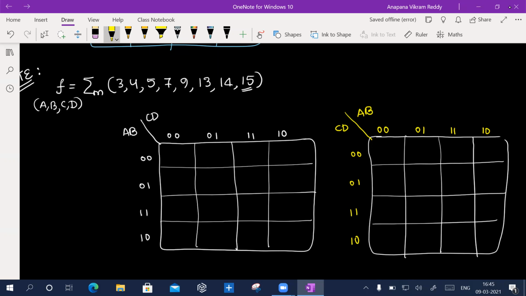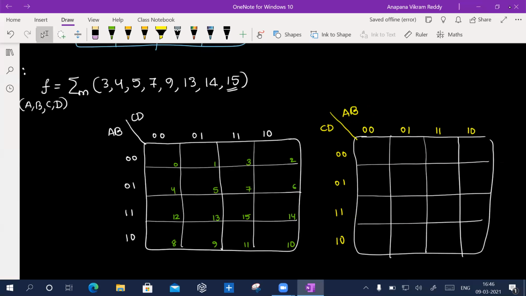Now see, how are we going to take these numbers here? So this is 0, 1, 3, 2, 4, 5, 7, 6. Come down: 8, 9, 10, 11. Now 12, 13, 14, 15. Agree? Now what about here?